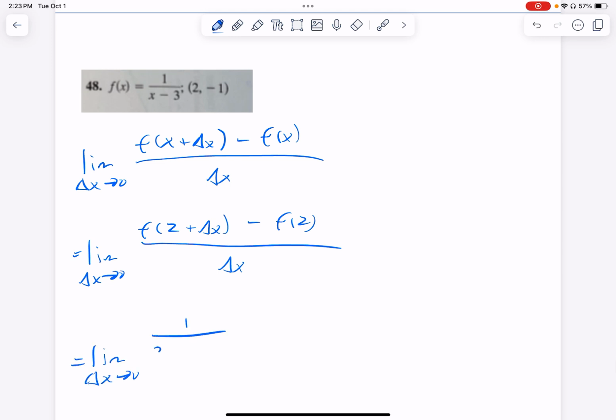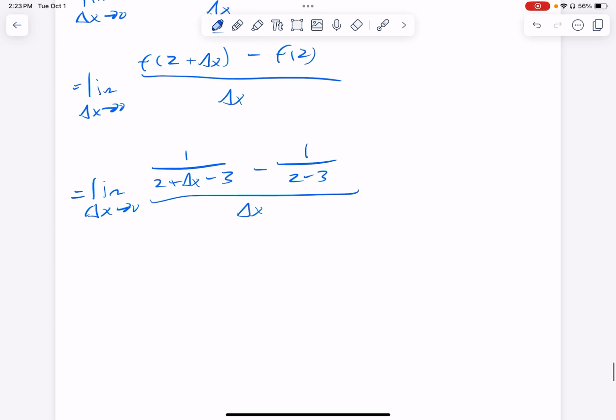So 1 over input minus 3 minus 1 over input minus 3. So let's try to clean this up. So this would be 1 over delta x minus 1 if I combine the 2 and the negative 3. This is negative 1. 1 over negative 1 is negative 1. With a minus in front, we actually have plus 1.